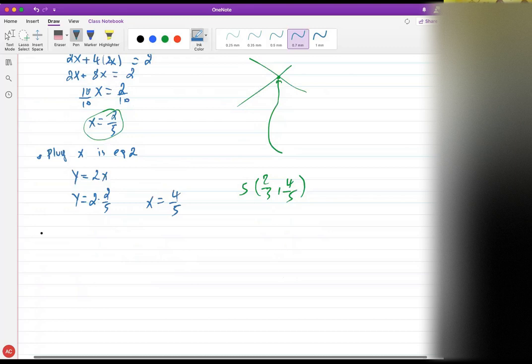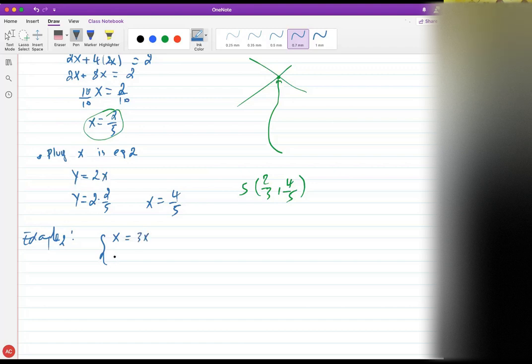Okay, so let's do another example. Same thing. Let's do that again, to make things certain. Let's say x is 3y, for example.